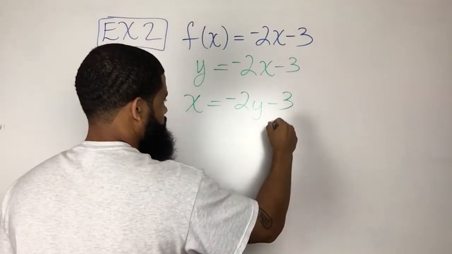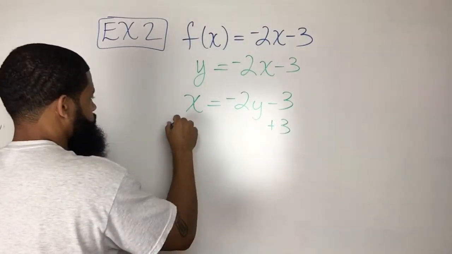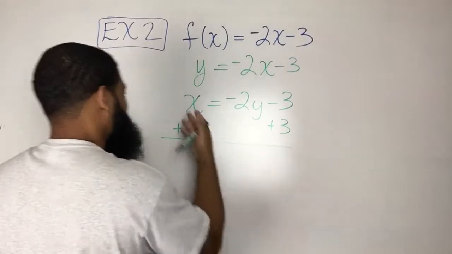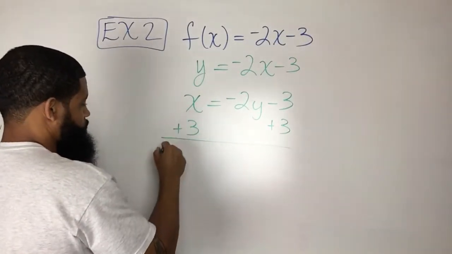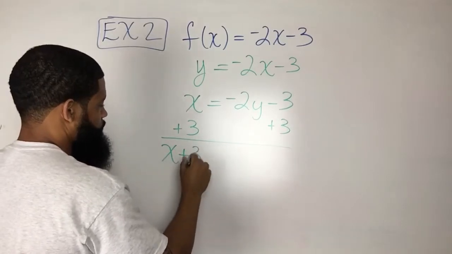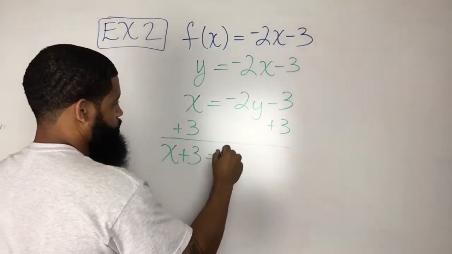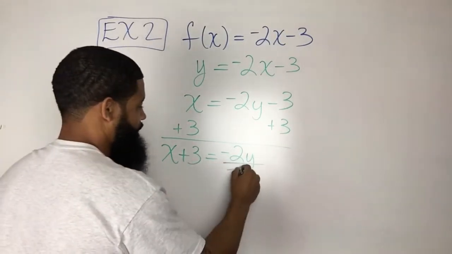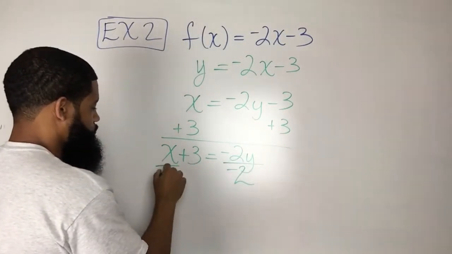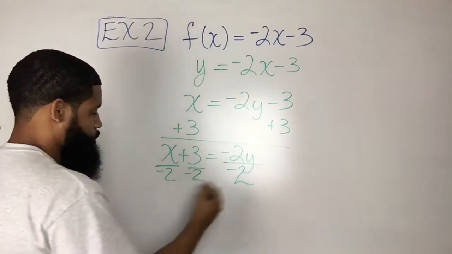The opposite of minus 3 is plus 3. So plus 3. Remember, I usually don't line these up because they're not like terms, but I'm going to do it a little different this time. So x plus 3 equals negative 2y. And then I need to divide by negative 2 for each term.